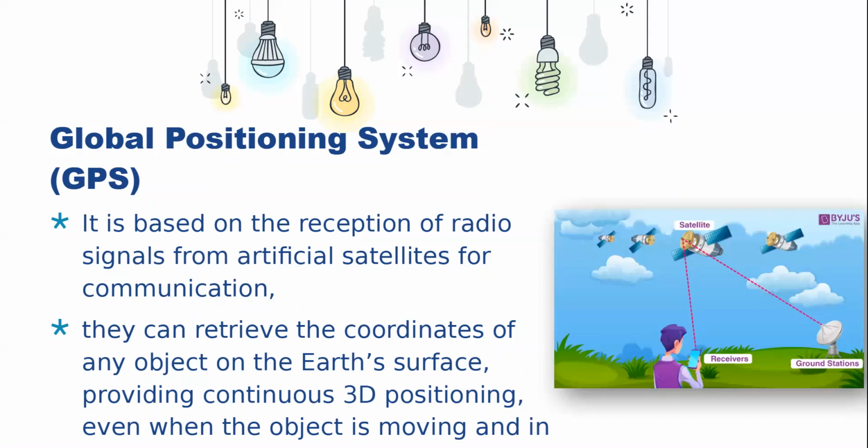The signals sent by the satellite are picked up by the users, and by measuring the time between the signal sent and the signal received by the user, and multiplying it with the speed of the signal, which is the speed of light, the distance between the satellite and the receiver is computed.